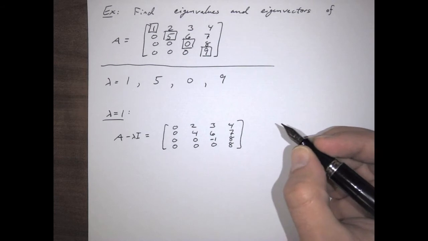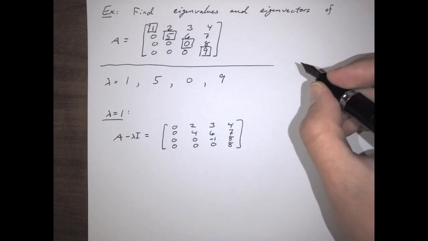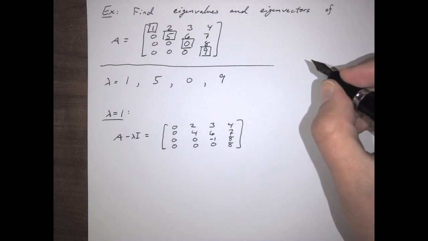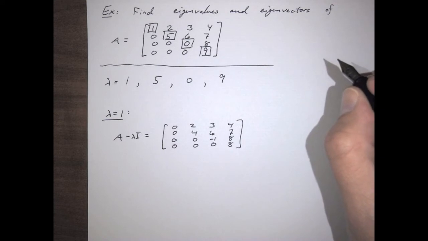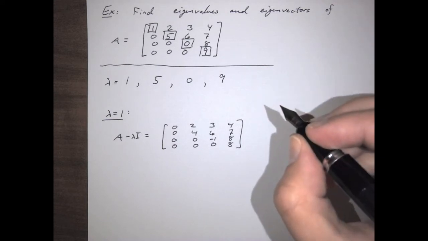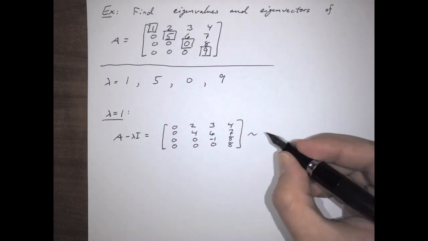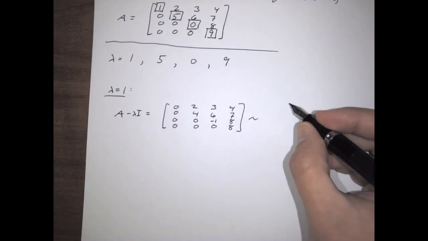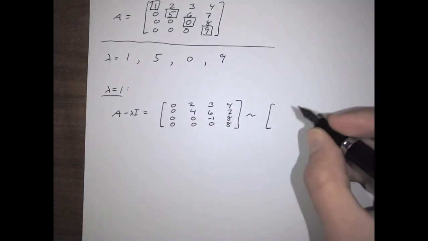Alright. Well, looking at this, we can see pretty easily that we're going to have pivots in all of the columns except for the first column. So the first column is going to be our free variable. And actually, if we were to row reduce this, maybe you're not as comfortable jumping to conclusions as I am, and that would probably be a healthy fear of error.